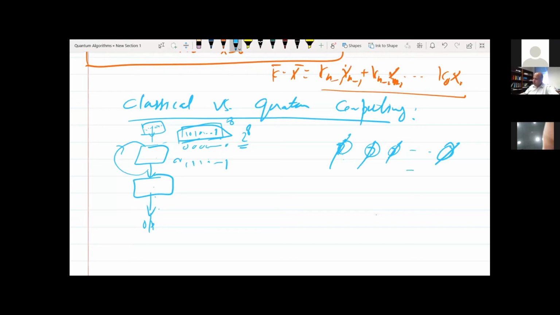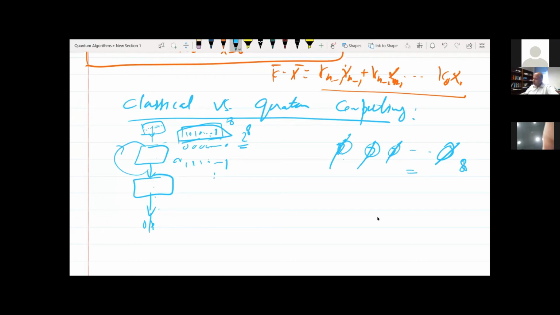On the other hand, if this is an 8-qubit register, it can have many states, infinite actually. But more crucially, it can have a state which is a superposition of all the states that the classical register can have at one time.